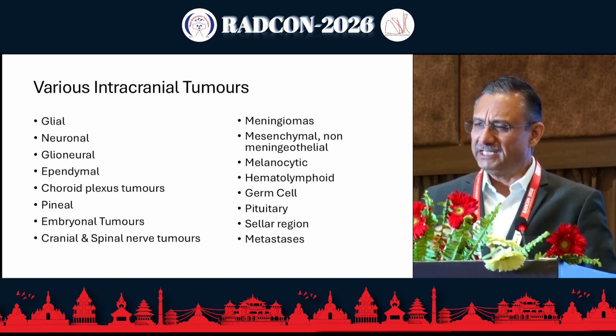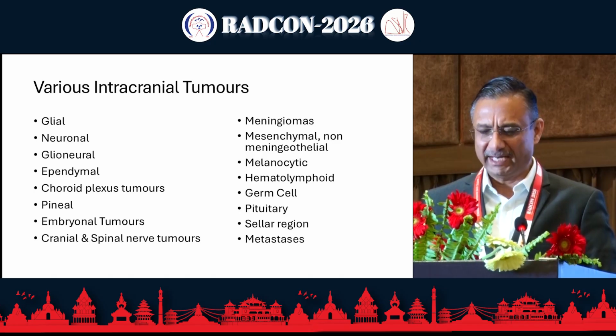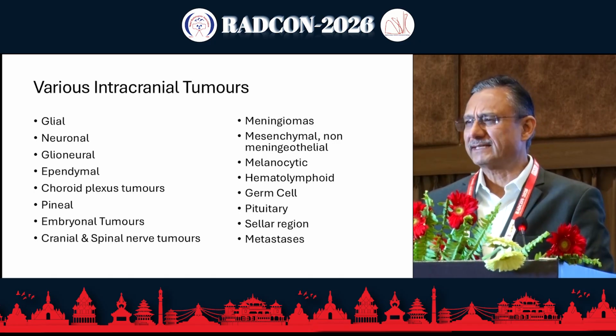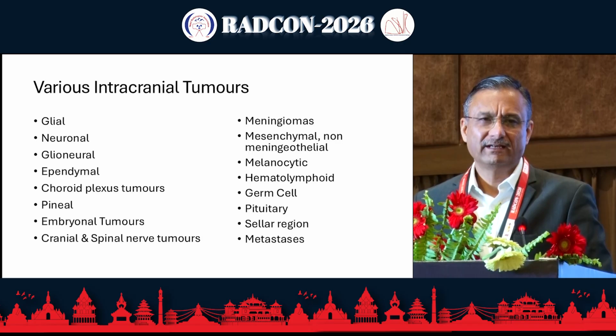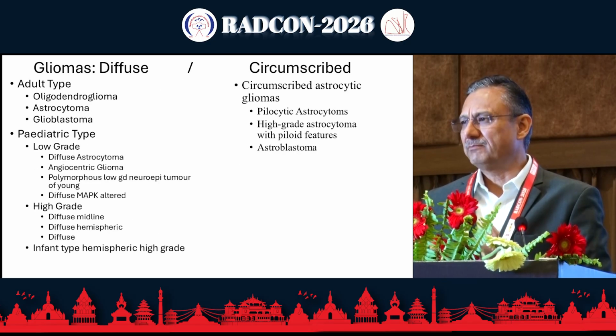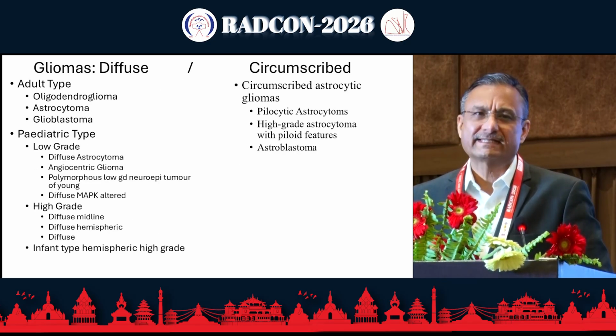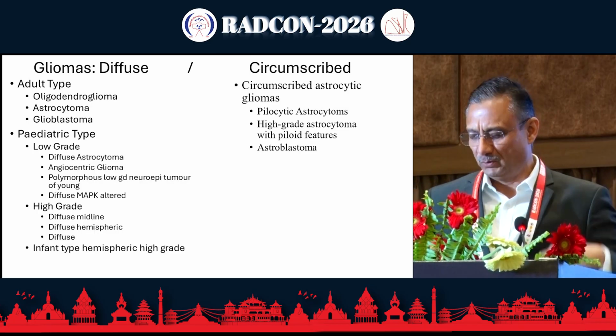Huge arrays. And each one of them has different names further. So really a complex thing, not very easy. People could spend their lifetime learning about brain tumors and still say that we are learning more.